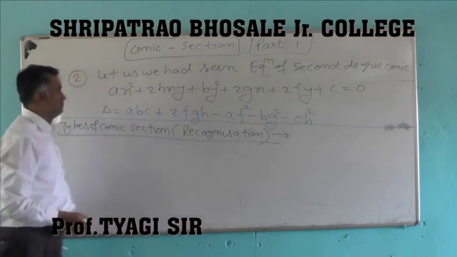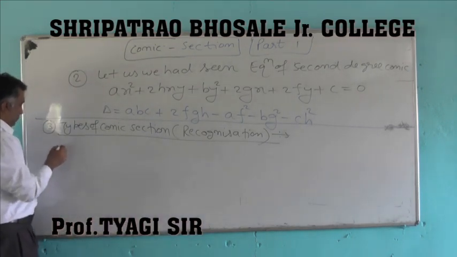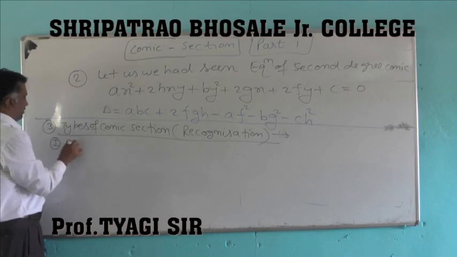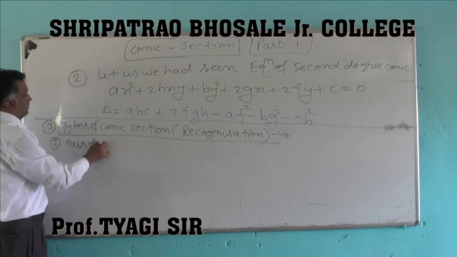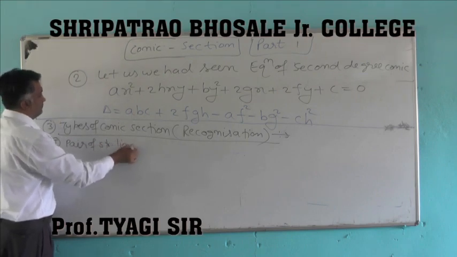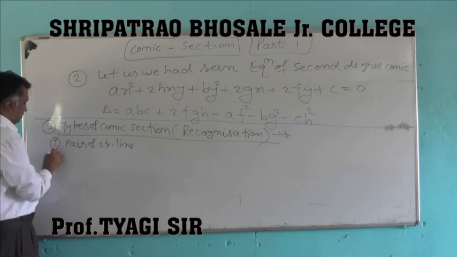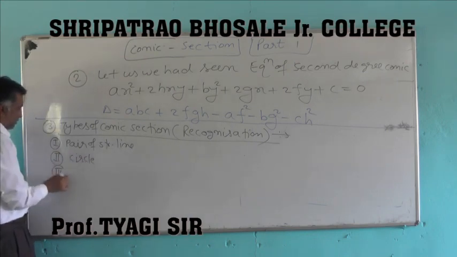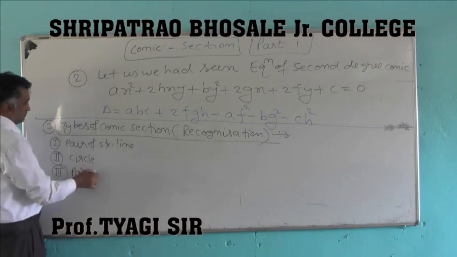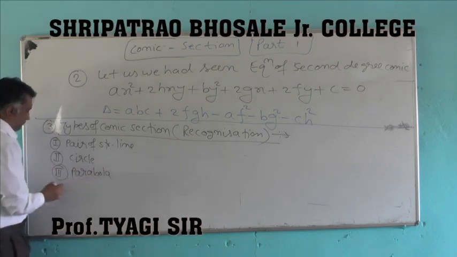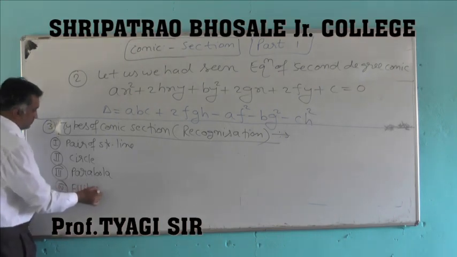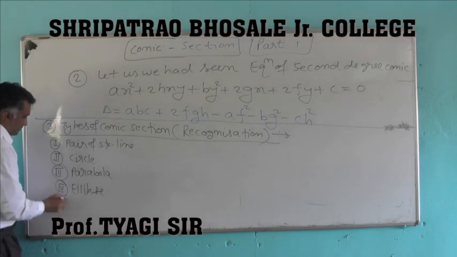The first one is pair of straight lines. Second, circle. The third one is parabola. The fourth one is ellipse. And the fifth one is hyperbola.